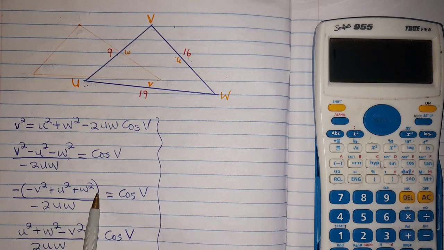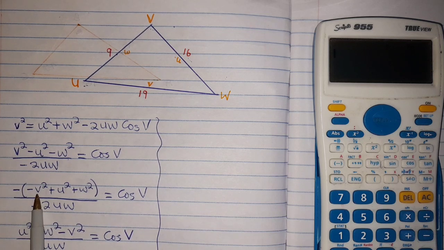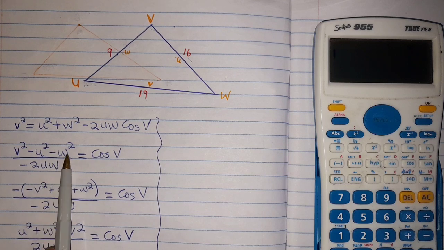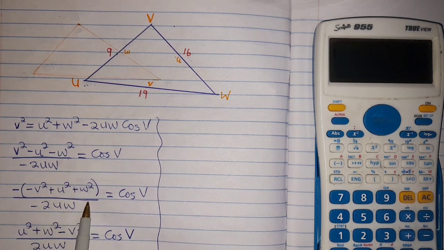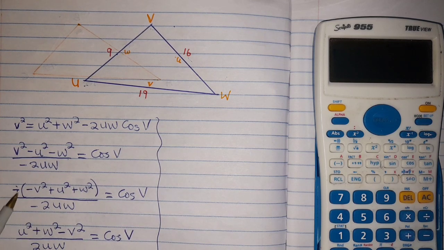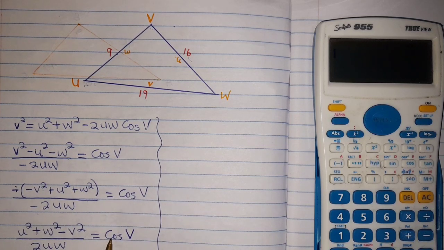V squared becomes negative v squared, u squared is positive, negative w squared is positive. The negatives cancel each other, and then I rearrange. It's u squared plus w squared minus v squared over 2uw is equal to cos V.